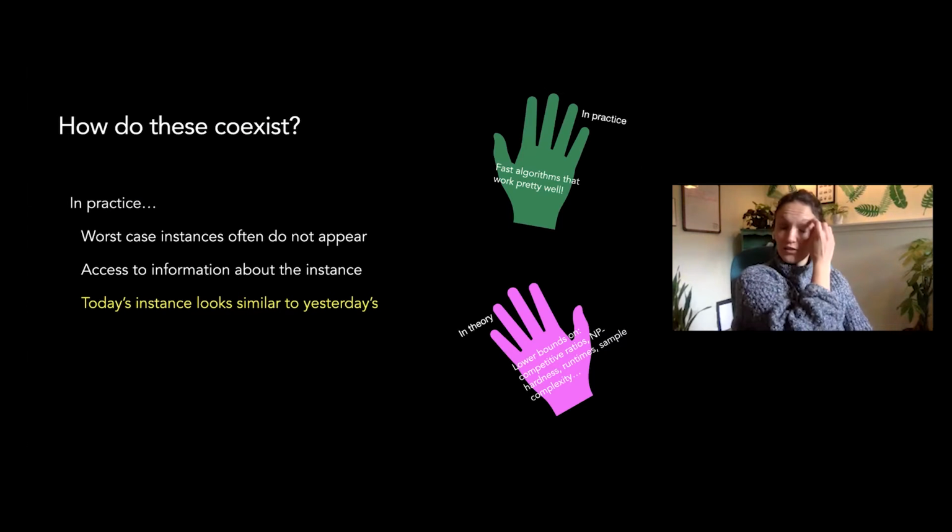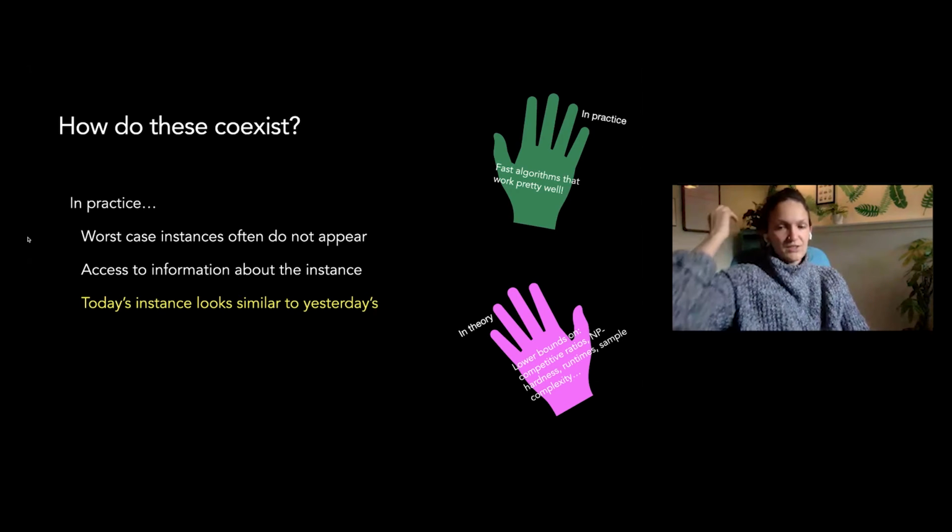And if you think about it, these things are going against each other, but there are lots of reasons why these two things can coexist. Why we can have these lower bounds on our metrics, but also have good algorithms that work well. In practice, worst case instances often do not appear.